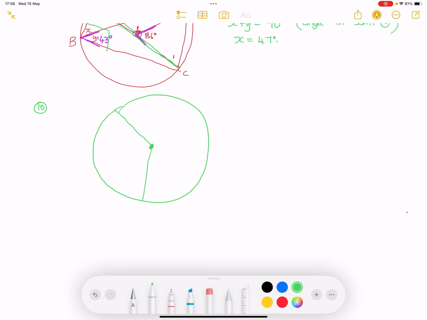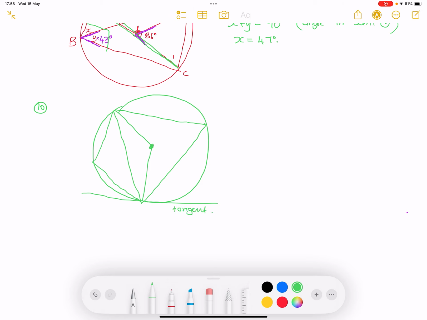And there's a line going like this. Then there's one going like this. And then there's another one going like this. And then there's still a tangent. I like to write tangent because then I know.